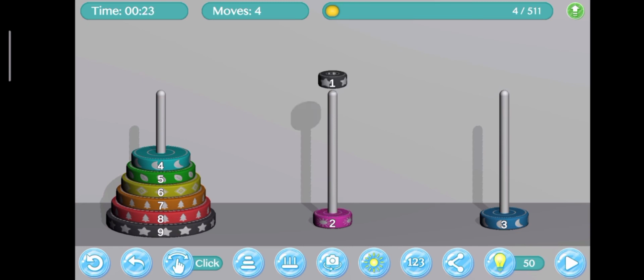So 4 is an even number, so we will put our 1 on the top of the fourth disc.